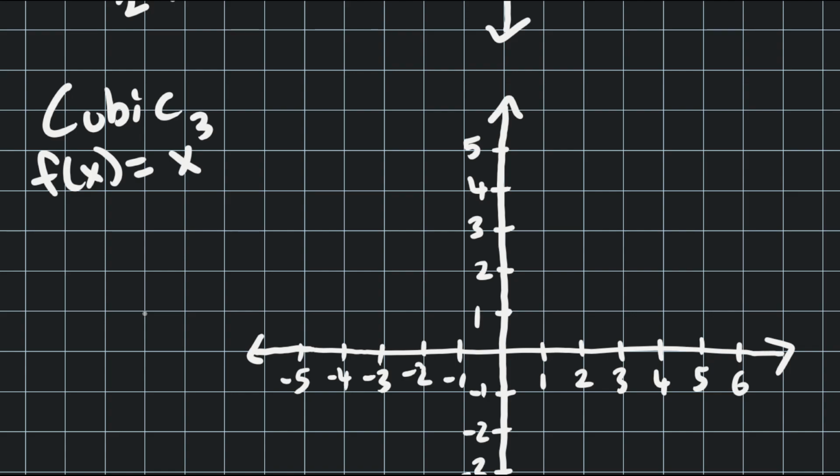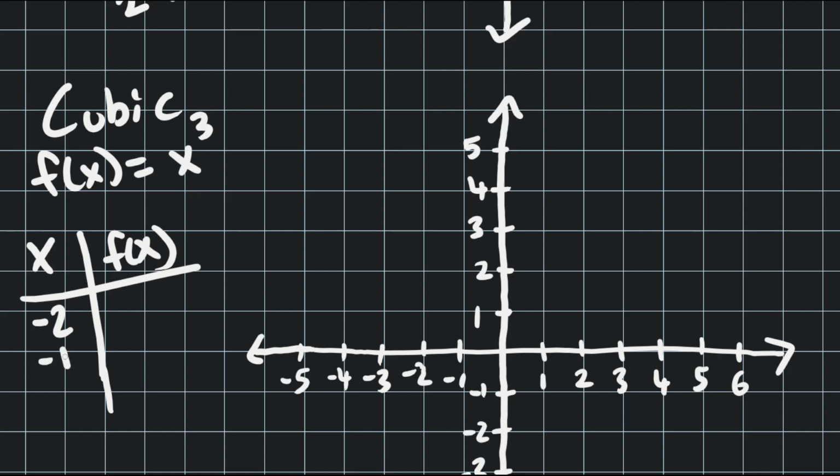Let's go ahead and plot it. So let's draw our chart again. x, f of x, and let's draw it at -2, -1, 0, 1, and 2.